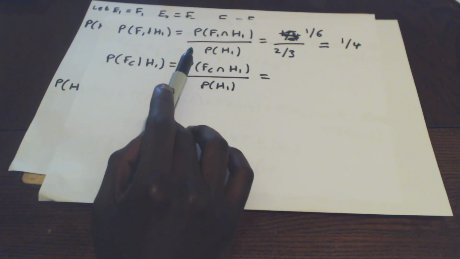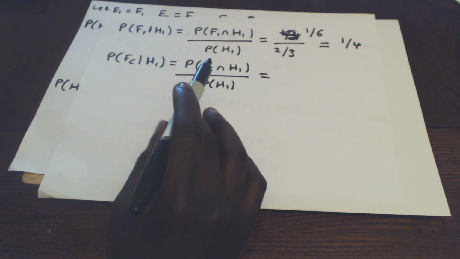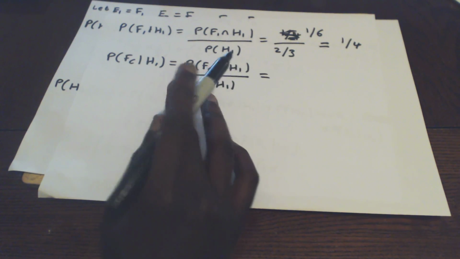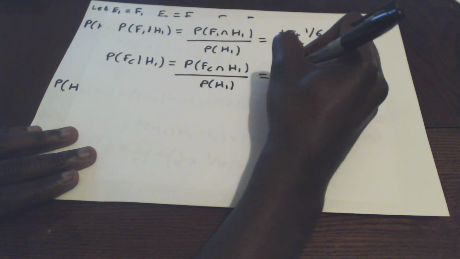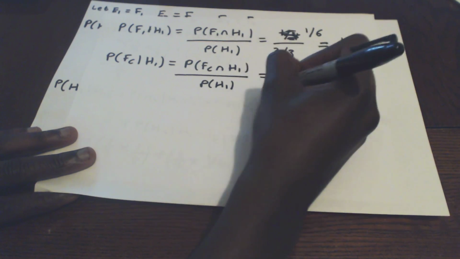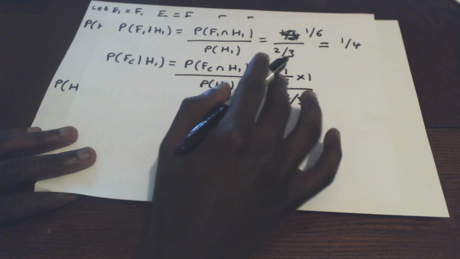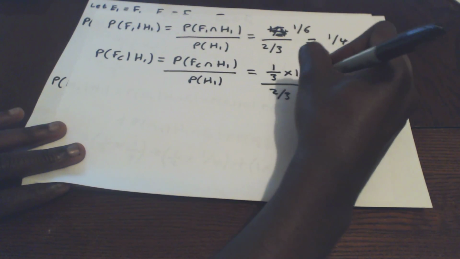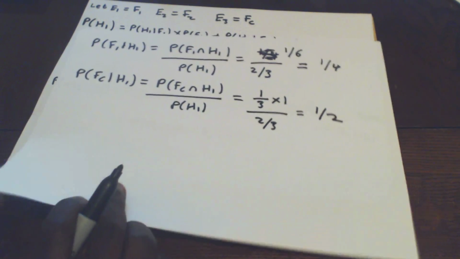Well, the probability of unfair coin is 1 out of 3. The probability of it being a head and it was an unfair coin, well, that's going to be 1 out of 3 times 1, isn't it? Because obviously the unfair coin was certain to be heads. So that's 1/3 times 1 over the probability of heads. Well, that was 2/3. So we've got 1/3 divided by 2/3. The 3's cancel out, so we get a half. So this is a half.